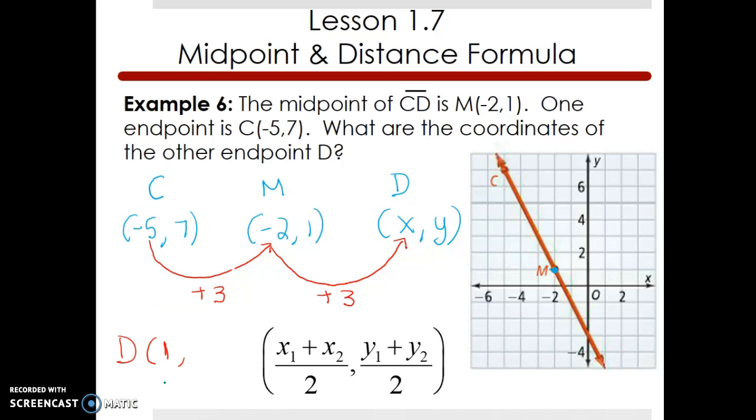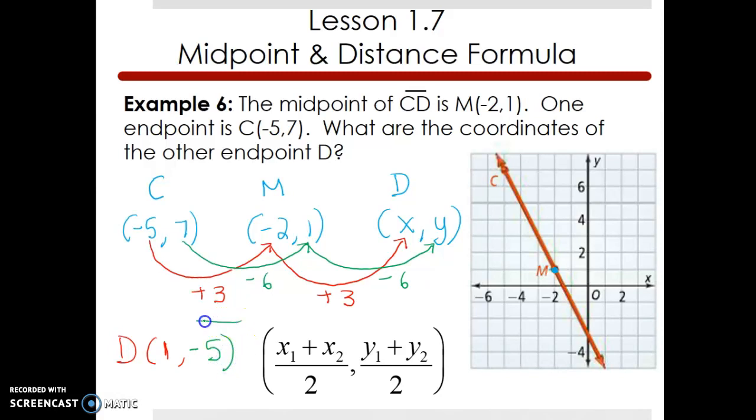Then I'm going to do the same with y. From 7 to 1, how do I get from 7 to 1? I subtracted 6. So over here, I'm going to subtract 6 as well. What is 1 minus 6? I get negative 5.